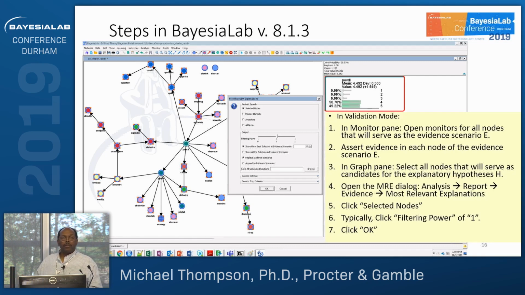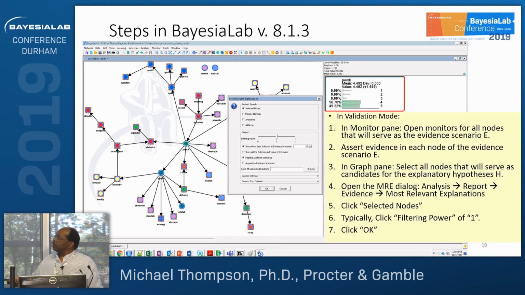In general, we could have used any number of nodes that define the case we're interested in, and we can assert hard evidence, soft evidence, or any numeric evidence we choose to. So after you've asserted that, in the graph pane, for the type of analysis we're doing, we want to focus on specific types of variables as potential explanatory hypotheses.